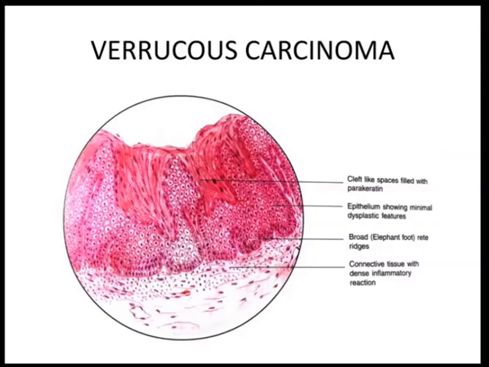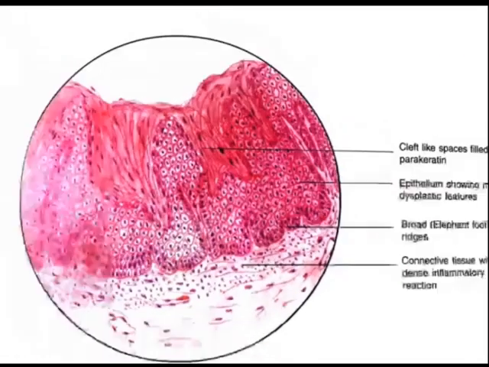Next is verrucous carcinoma. This is both an exophytic and endophytic growth, wherein clinically you can see a cauliflower-like or wart-like extension. So histopathologically, you can see an epithelium showing minimal dysplastic features with broad rete ridges. Elephant foot ridges are a characteristic feature of this carcinoma, and you can see cleft-like spaces filled with parakeratin and the underlying connective tissue with dense inflammatory reaction.